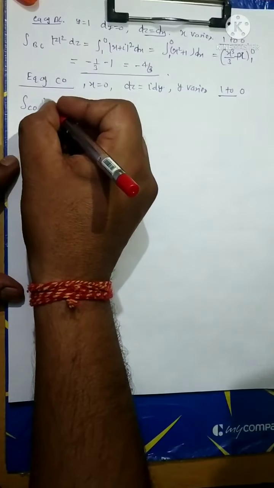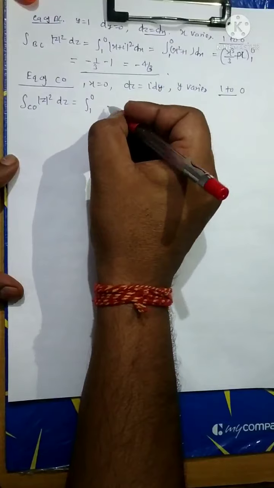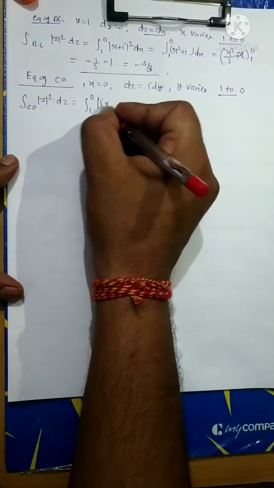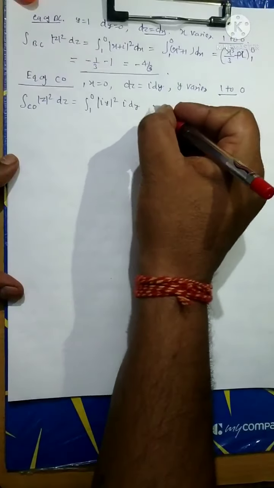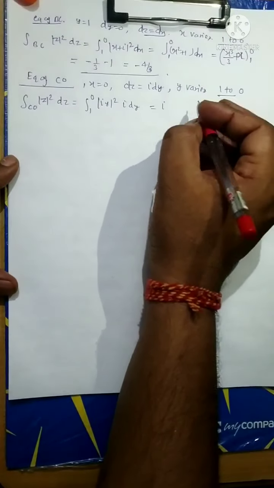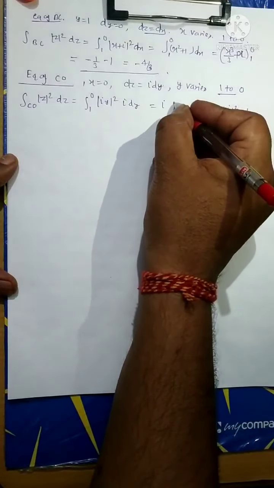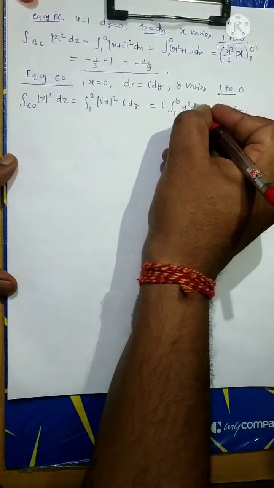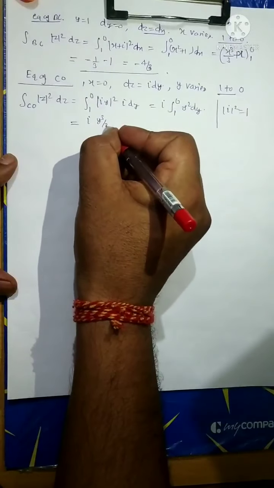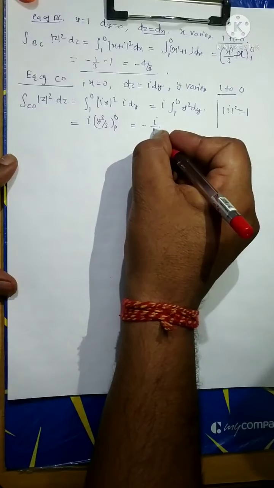Integration over CO z modulus square dz is equal to 1 to 0, modulus of iy squared, i dy, this is equal to i, modulus of i squared is equal to 1. Now integral 1 to 0 y square dy, therefore i, y cube upon 3, limit 1 to 0. Now this is minus i by 3.